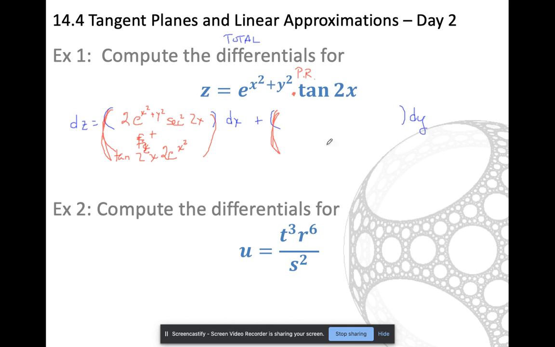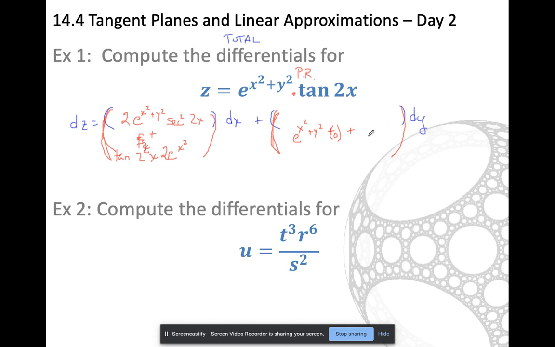And then here I have another product rule problem, but this time I'm going to keep x constant. So I have the first function times the derivative of this, the first function, which is tangent of 2x, is a constant, so that derivative is 0.